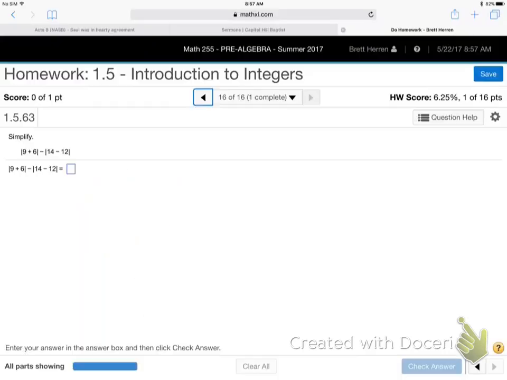Number 16. Okay. Let me write that out. So the absolute value of 9 plus 6 minus the absolute value of 14 minus 12. All right, so do each of those 2 separate absolute value problems.